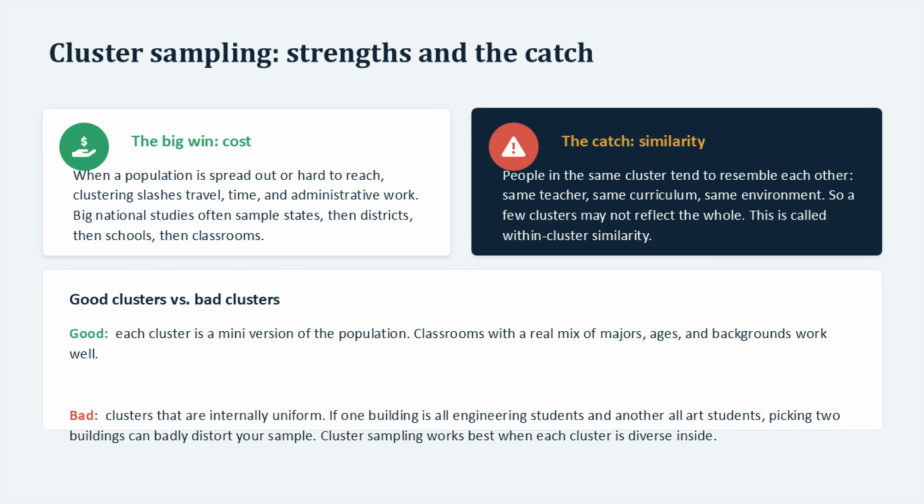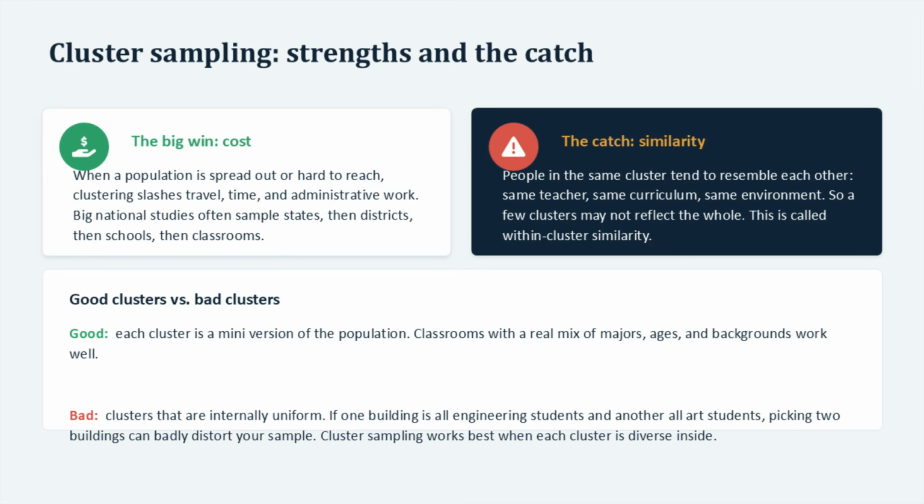For example, researchers might randomly select some states, then some districts within those states, then some schools within those districts, and then some classrooms within those schools. That's called multi-stage sampling. And it's a very common way to make large studies practical.